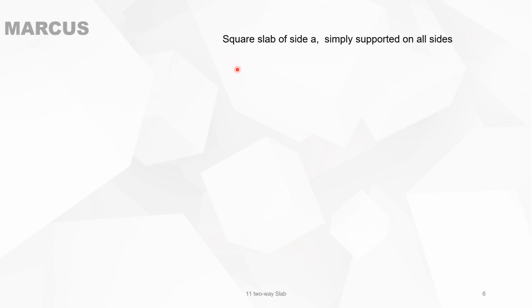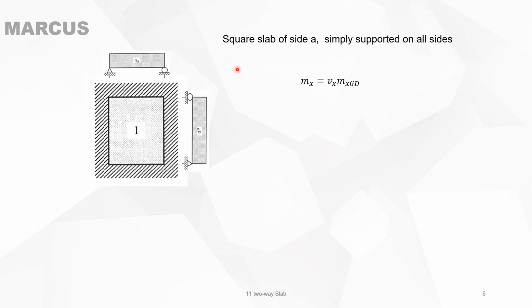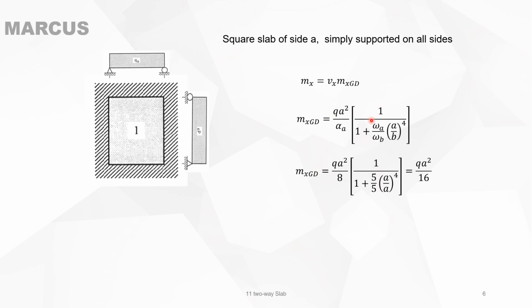Let's now take a square slab of side a, simply supported on all sides. Then Mx is nu times Mx equal deflection, and the bending moment obtained by equal deflection is given by this formula. We know that alpha a equals 5 because it's simply supported, and alpha b also simply supported is 5, and a equals b, so we have directly that the bending moment obtained by equal deflection is Q a squared over 16.